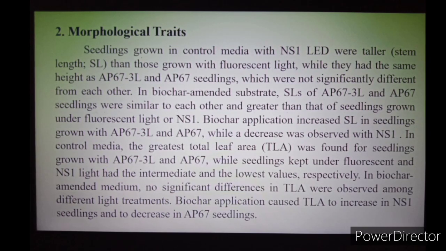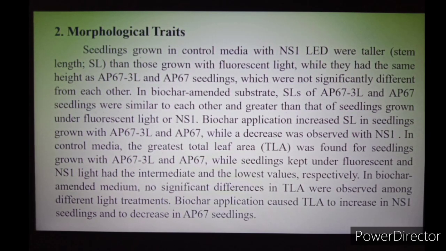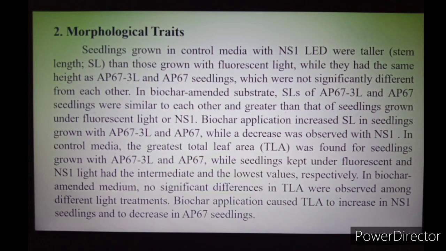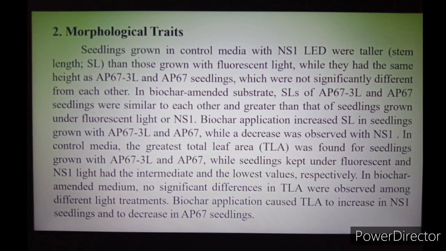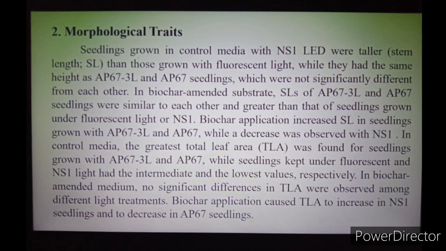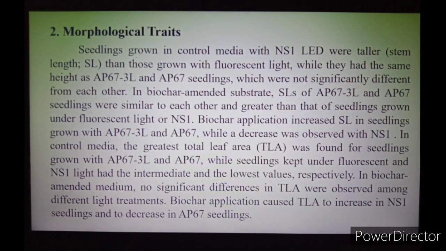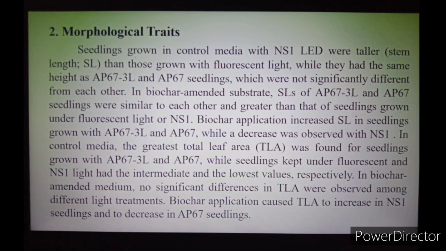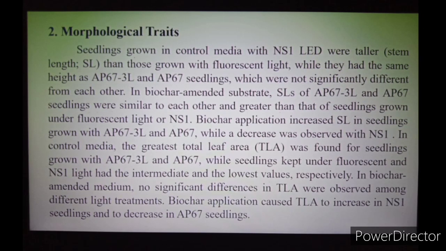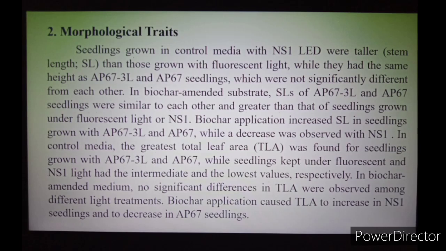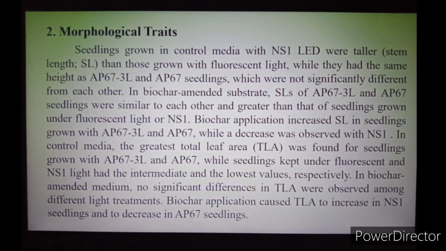Biochar application increased SL in seedlings grown with AP67 3L and AP67, while a decrease was observed with NS1, as will be shown in our next slide, in our table 4.